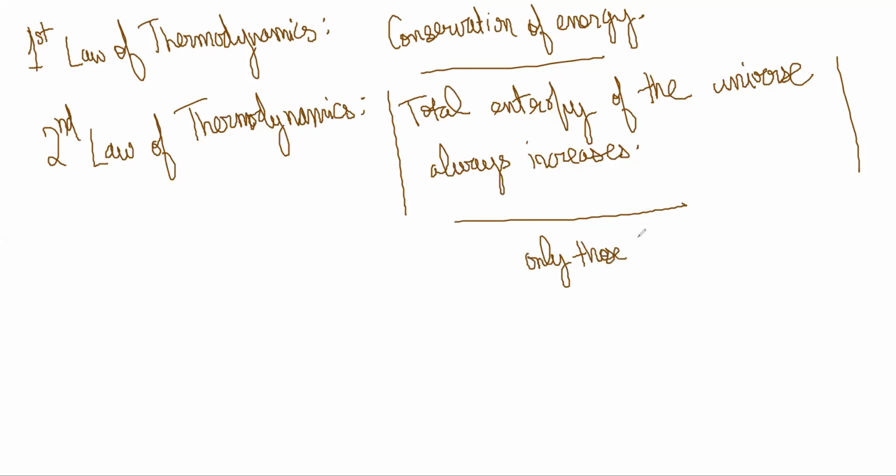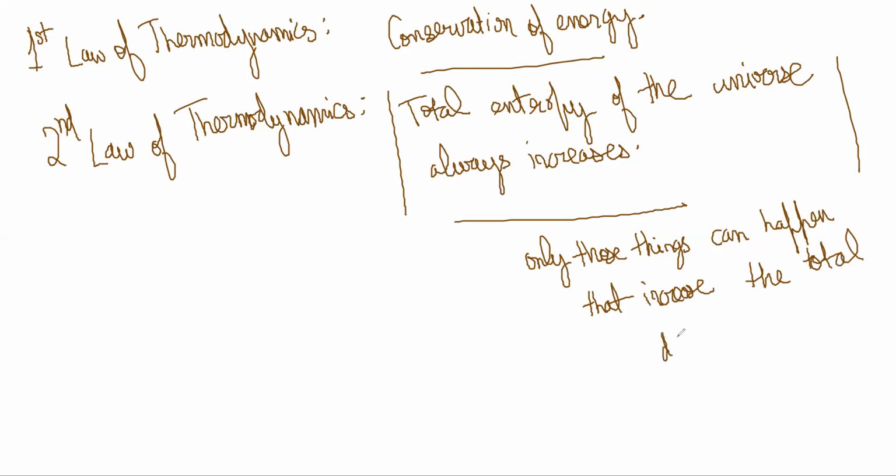Only those things can happen that increase the total disorder in the universe. Now we will try to understand this in a little more detail. Total disorder or total entropy of the universe. So what does it mean? Let's take an example and figure it out.